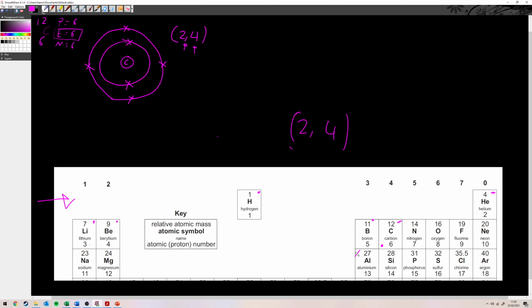Say I wanted to do aluminium. Okay, so I'll change the color for aluminium, we'll do green. The electronic structure for aluminium is, well, 1, 2 electrons in its first shell, 1, 2, 3, 4, 5, 6, 7, 8 electrons in its second shell, and 1, 2, 3 electrons in its third shell.